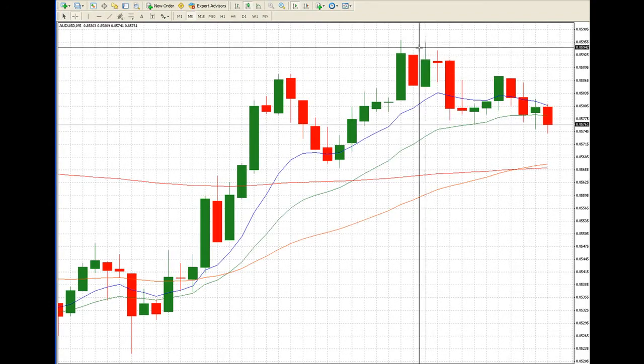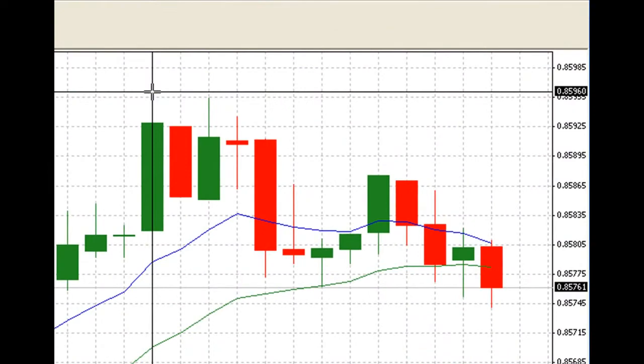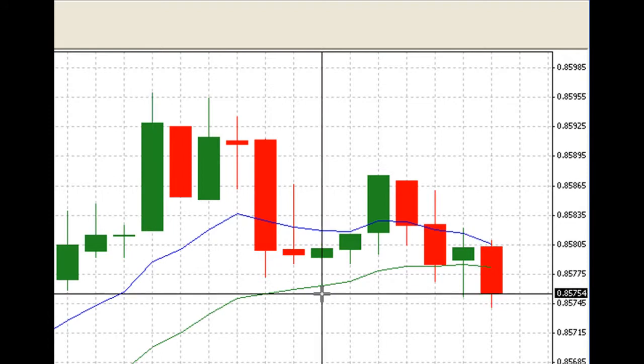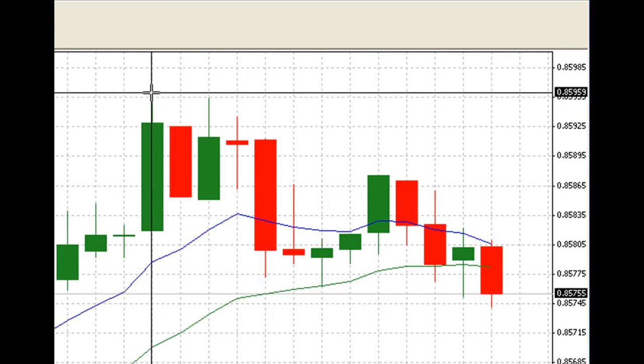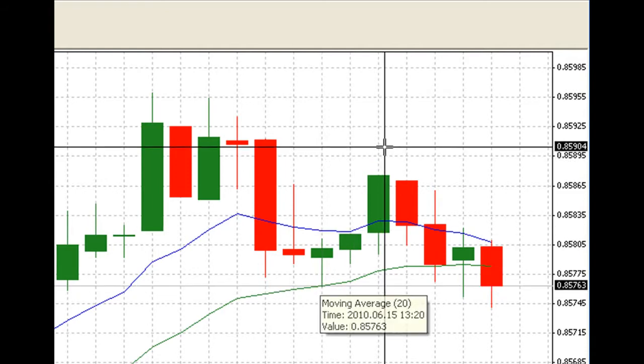So if we look at the high here, it is 0.8596. The B point is 0.8576. That gives 20 pips. So 96 to 76, 20 pips.